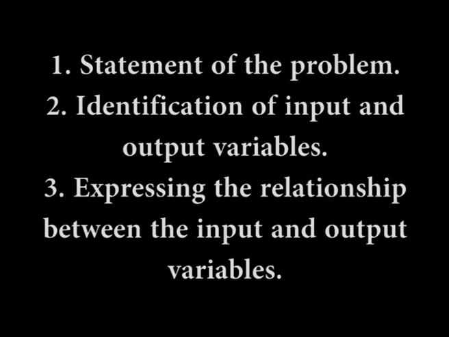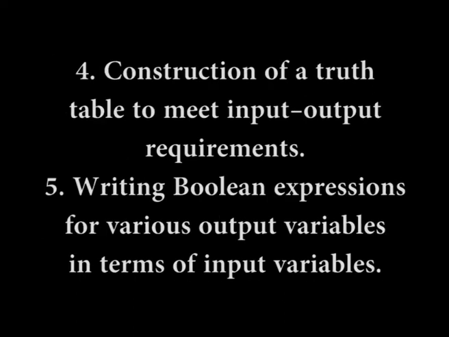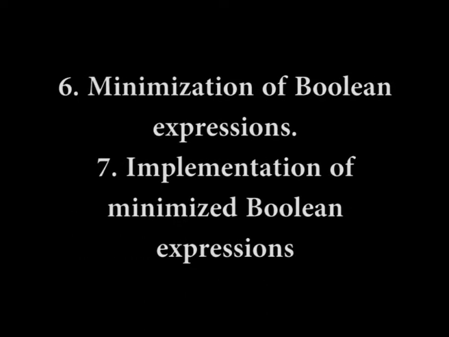Statement of the problem, identification of input and output variables, expressing the relationship between the input and output variables, construction of a truth table to meet input output requirements, writing Boolean expressions for various output variables in terms of input variables, minimization of Boolean expressions, implementation of minimized Boolean expressions.